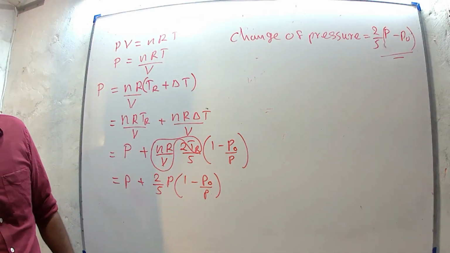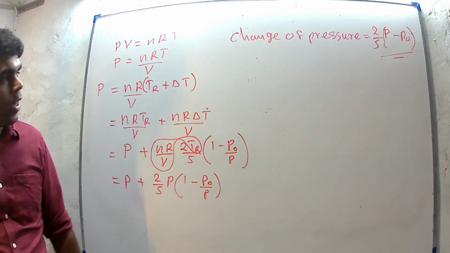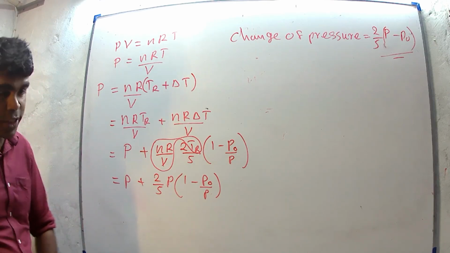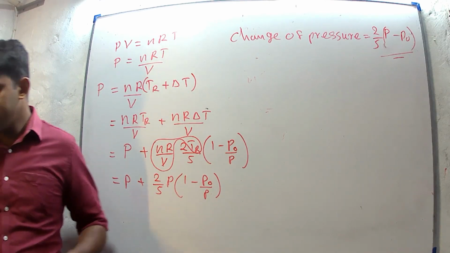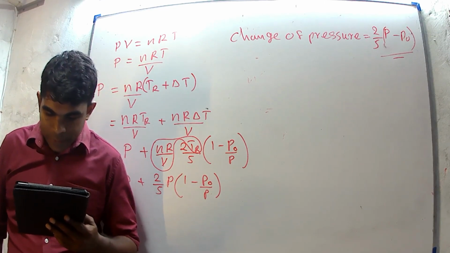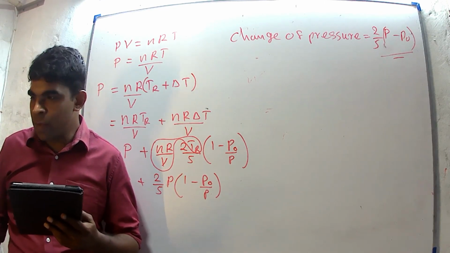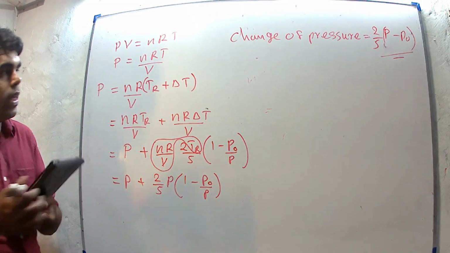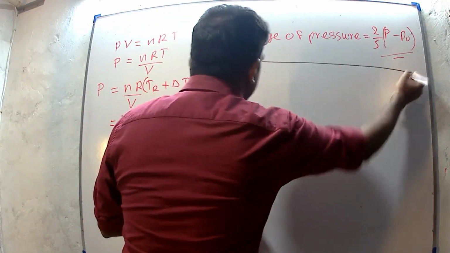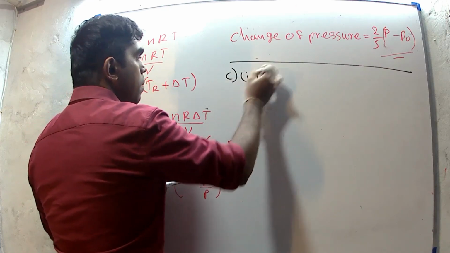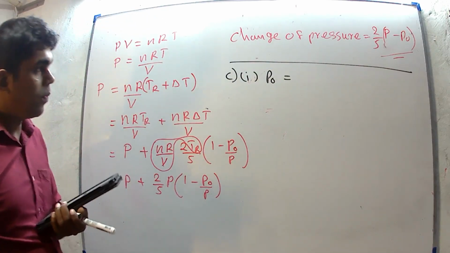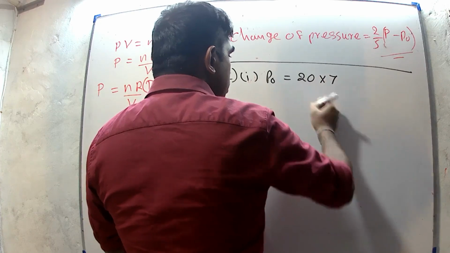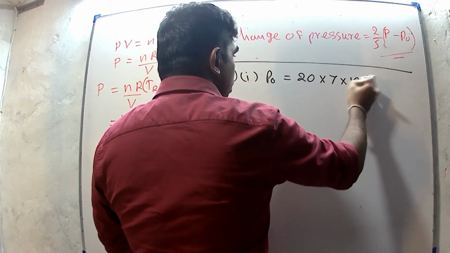We can use the equation we have obtained for the change of temperature. Before using it, we have to convert the corresponding pressure PSI values to SI units. Now, initial pressure P naught is 20 psi. 20 psi means 20 multiplied by 7 kilopascal, 7 into 10 to the power 3 pascal.